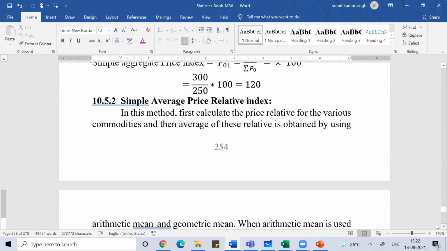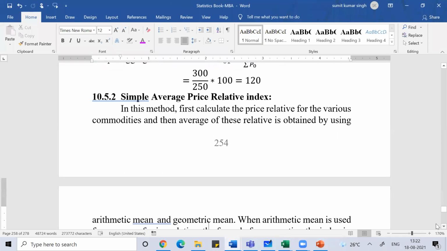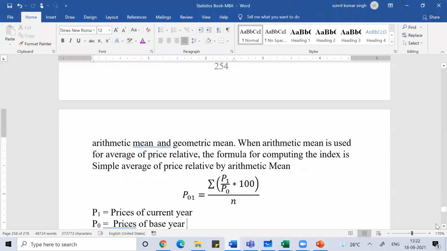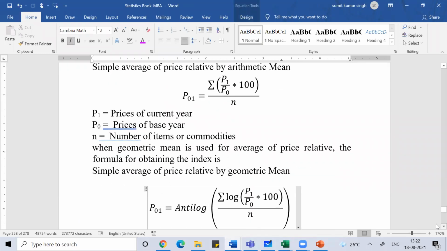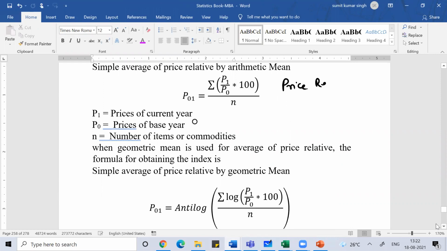Similarly, we discussed the price relative method, the simple average of price relative method under the unweighted index number methodology. Whenever you use the unweighted price relative method, the first thing you need to do is find the price relative. If you are using price index number, you first find the price relative.